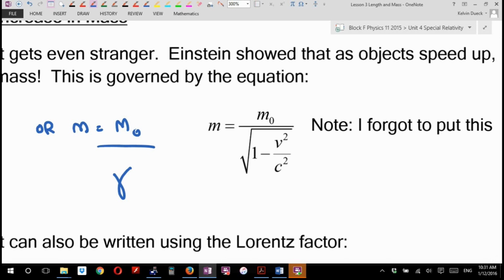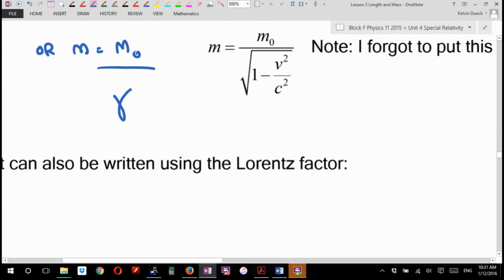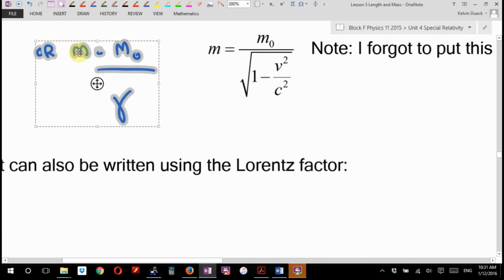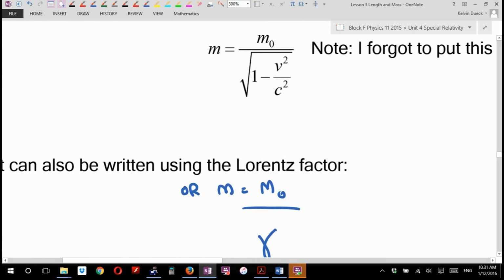In fact, I think that's what I have next in the notes. I said this can also be written using the Lorentz factor. Oh, you know what? Let's just cleverly do this. M equals m0 times gamma. Y'all got it okay?